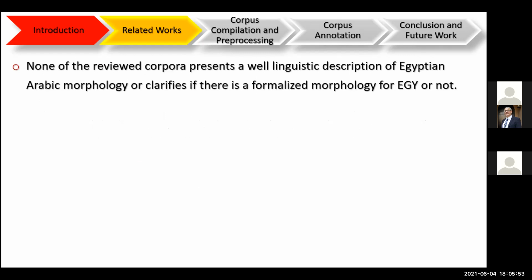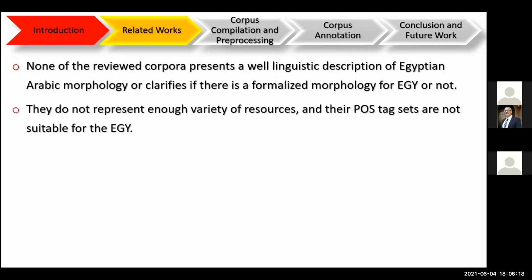But after reviewing the related resources and tools that are used for building a morphological analyzer for EG, it can be noticed that none of the reviewed corpora present a well-linguistic description of Egyptian Arabic morphology or clarify if there is a formalized morphology for EG or not.